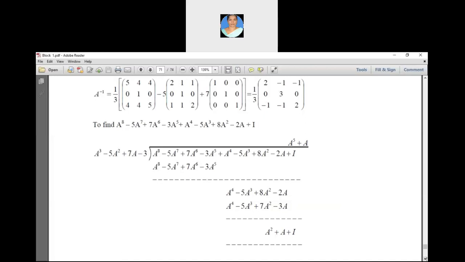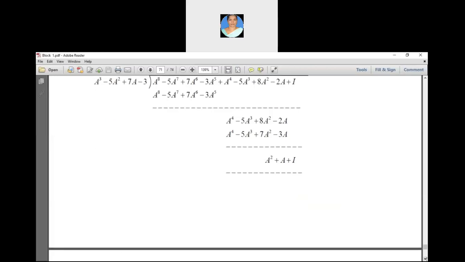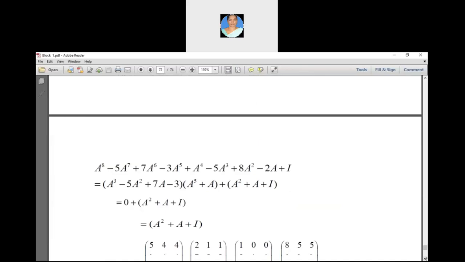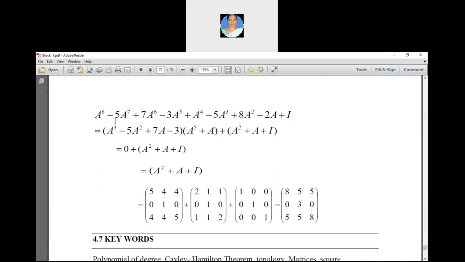So this expression we write as A power 8 minus 5A power 7 plus 7A power 6 minus 3A power 5 plus A power 4 minus 5A power 3 plus 8A square minus 2A plus I, equal to the Cayley-Hamilton equation into the quotient plus the remainder. The Cayley-Hamilton equation is 0.